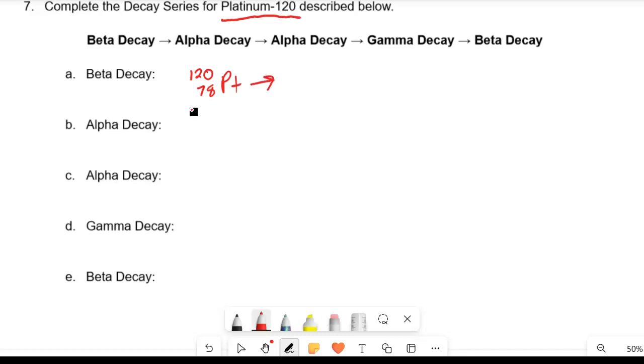The first decay that it undergoes is a beta decay. That means it releases a beta particle. And 0 plus 120 gives us 120. And 79 minus 1 gives us 78. And atomic number 79 on the periodic table would be Au.